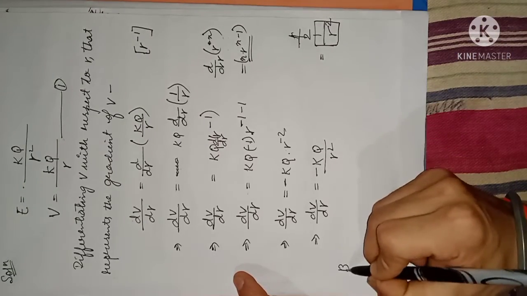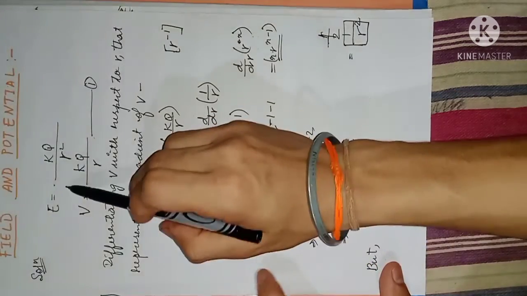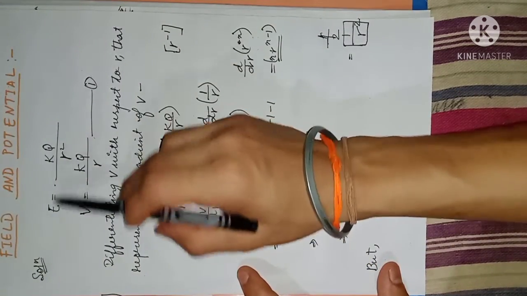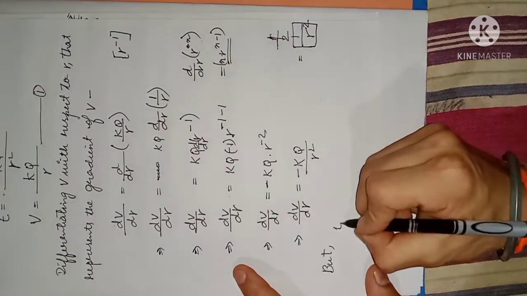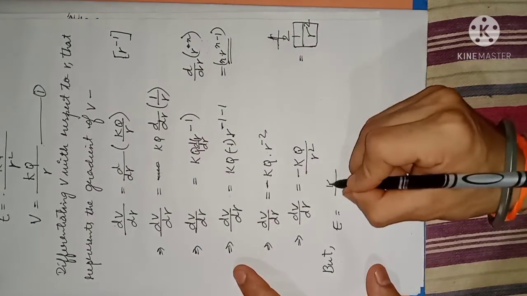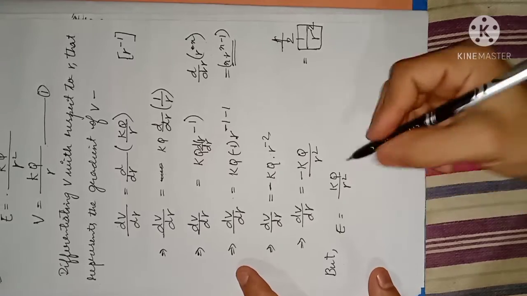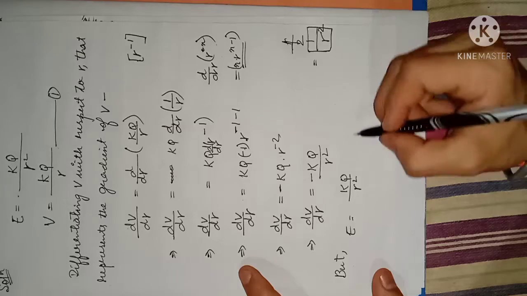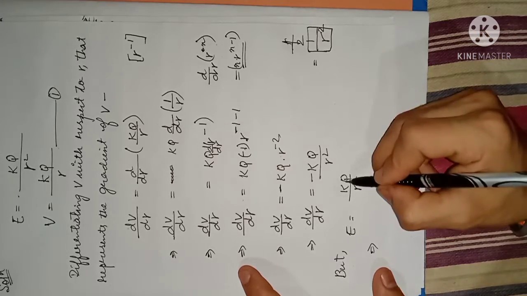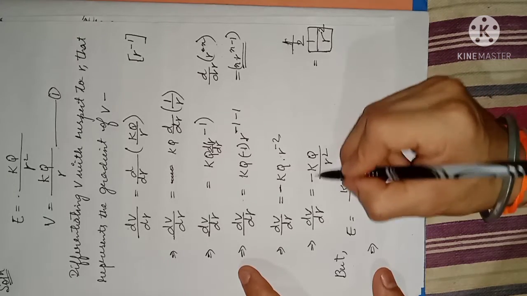But since we know that electric field is equal to kq by r square, if you compare these two, directly we can write like this. The kq and kq cancel, only the minus sign remains here.